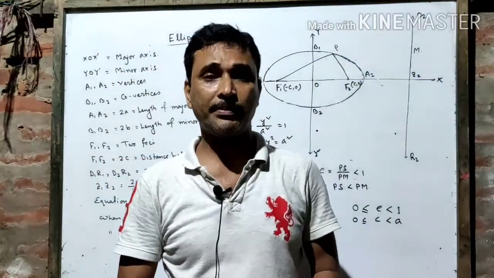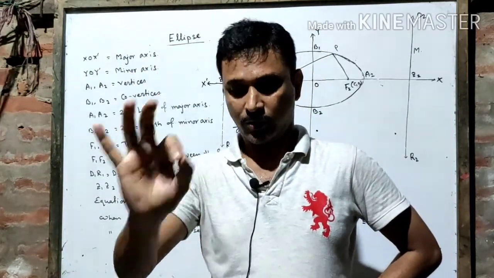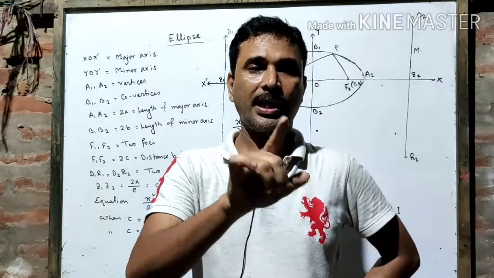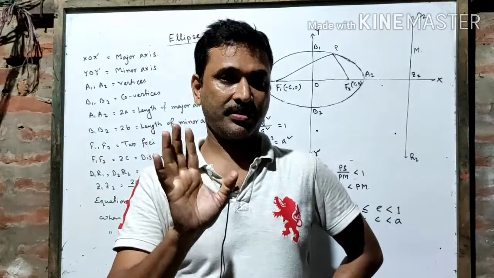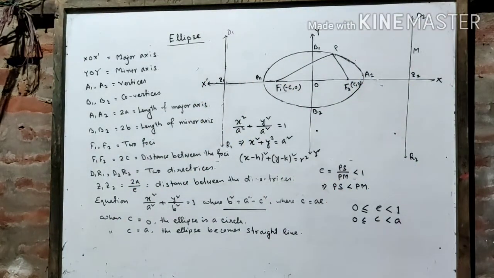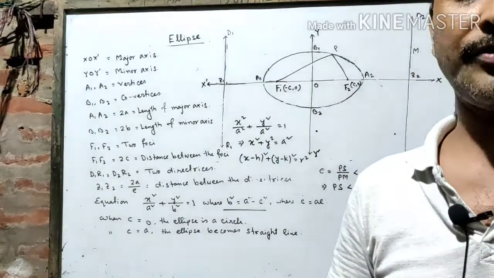So the property becomes: the sum of the distances of any point on an ellipse from the two foci is always a constant, and that constant is equal to the length of the major axis of the ellipse. This is an important property of ellipse. We use this property to draw an ellipse. Now we will use this property to find the standard equation of ellipse.